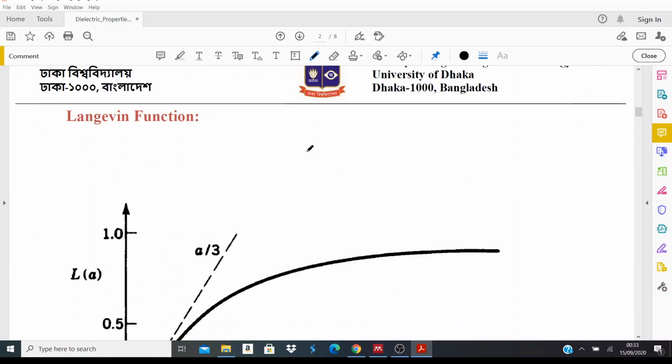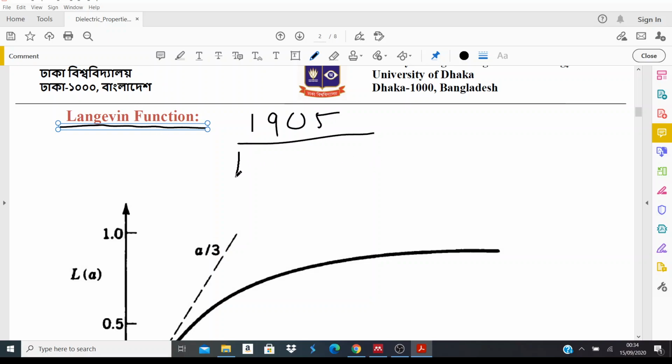Now I want to introduce another function to you. This is known as the Langevin function, and this function is due to Langevin, who derived this expression for a paramagnetic gas in 1905. From there we usually call the function in honor of Langevin.